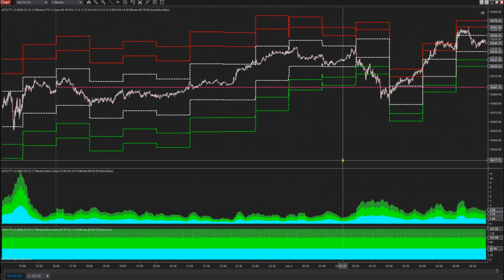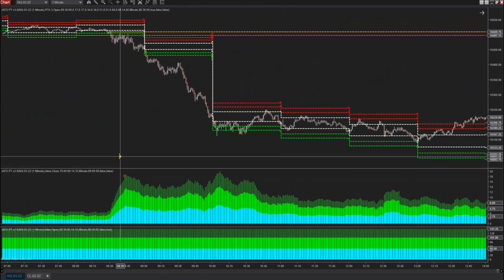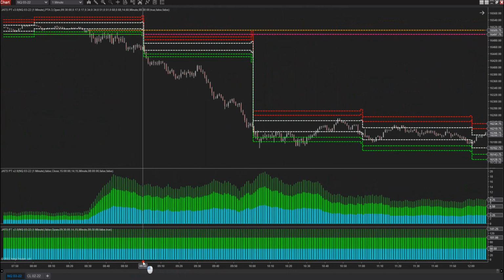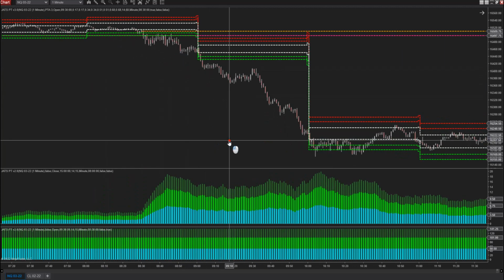Come back and look at these breakouts. So this makes it super, super easy, right? To identify periods of just trading 60-minute breakouts could be something that you would want to consider.